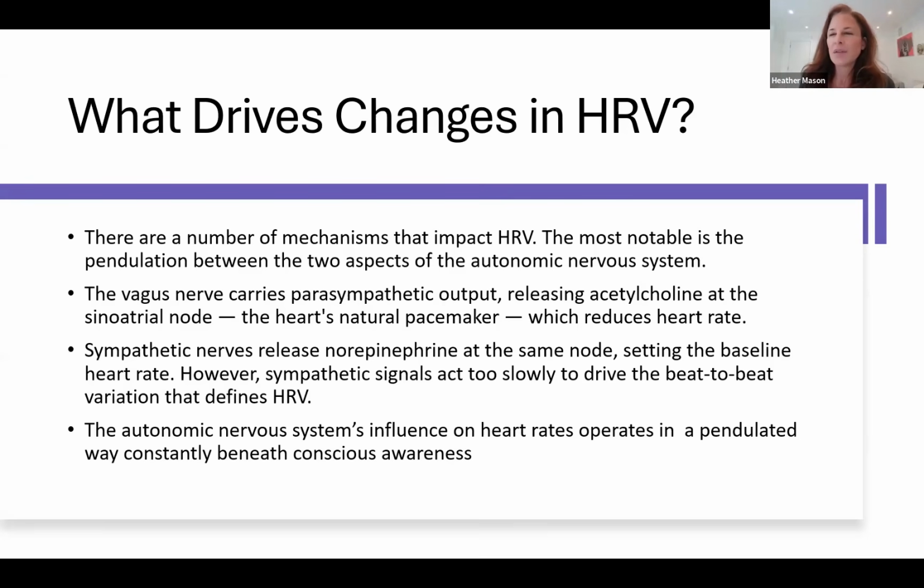So if the heart rate without vagal output would be like 90 beats a minute, if the vagus sends just a little bit of acetylcholine, maybe it slows down to 80. But if the vagus is sending lots of output to the heart, maybe it slows down to 50 beats, right, in this pendulated process, so 90, 50, 90, 50.